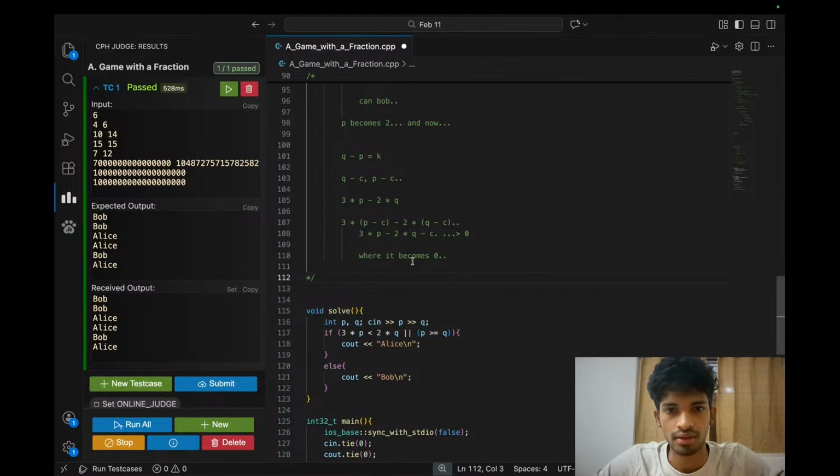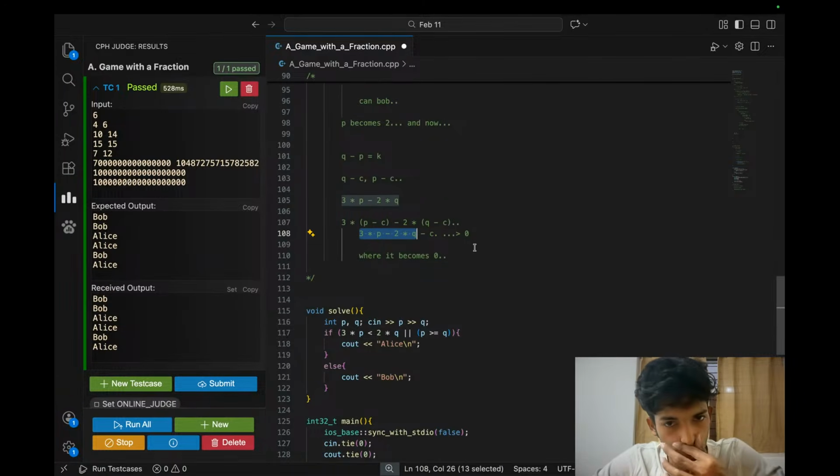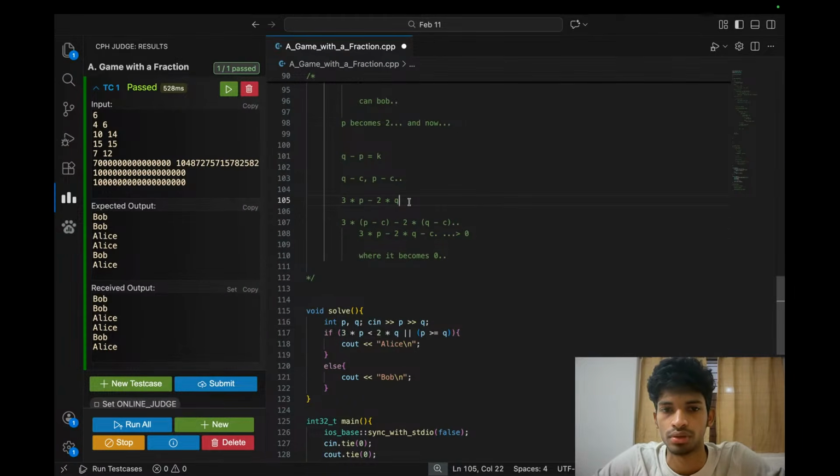Wait a minute. 3P minus 2Q greater than 0. But this should happen before Q becomes 0 or P becomes 1, right?